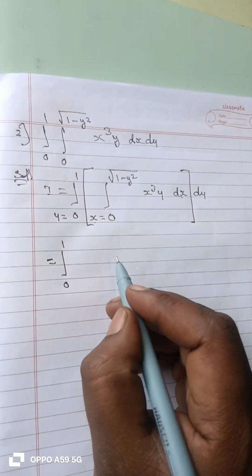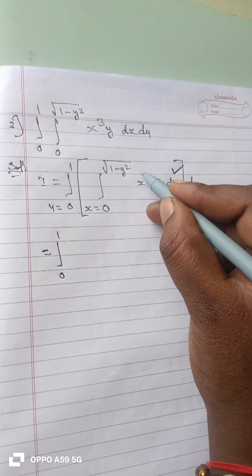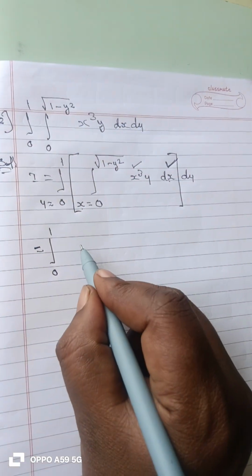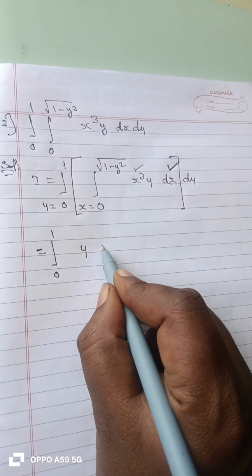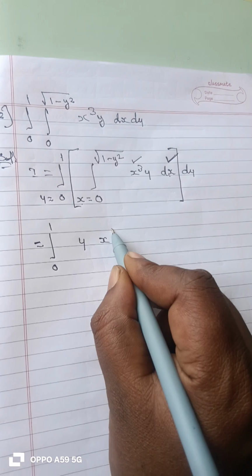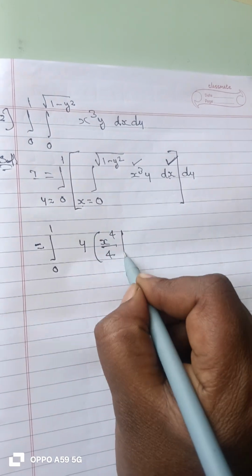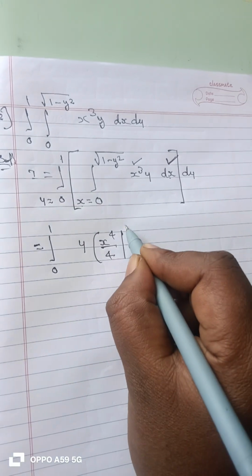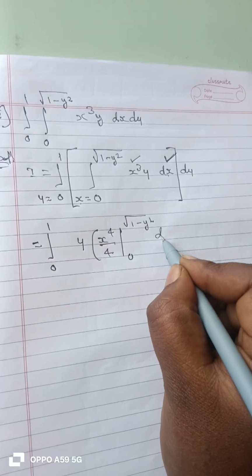Now if you do the integration with respect to dx, please remember with respect to dx, where x is there, here x we have. So y as it is, no changes. x now will become integration x to the power of 4 divided by 4. For this the limit is from 0 to square root of 1 minus y square, this is dy.